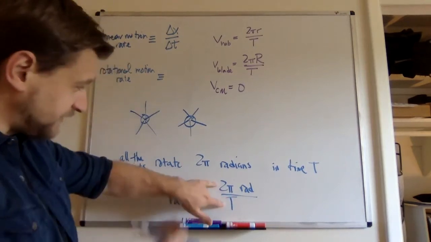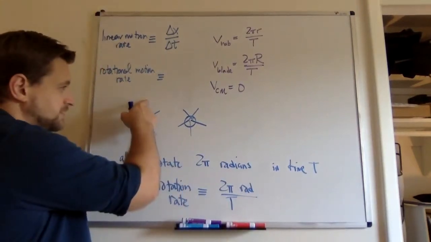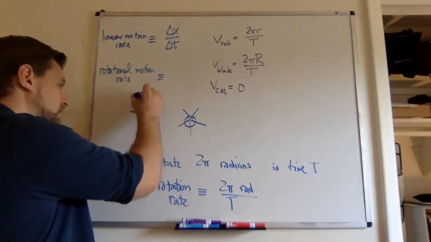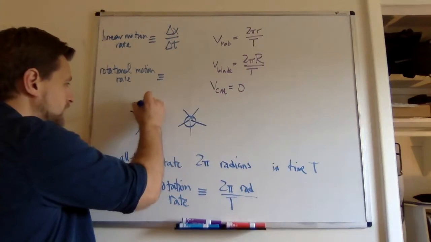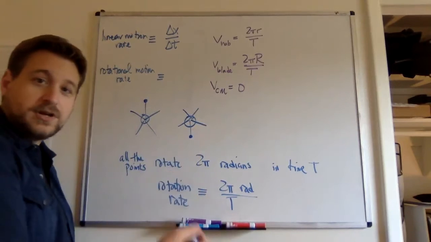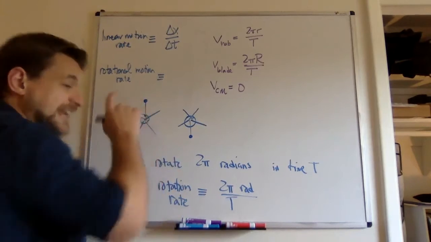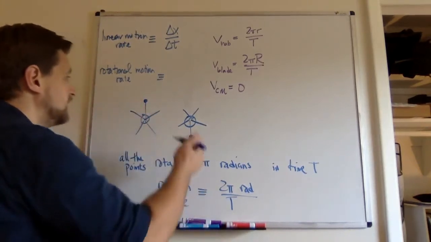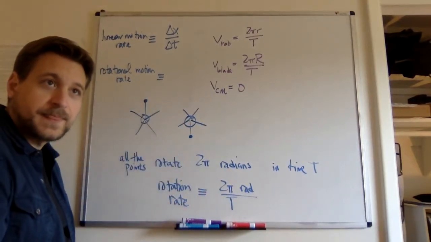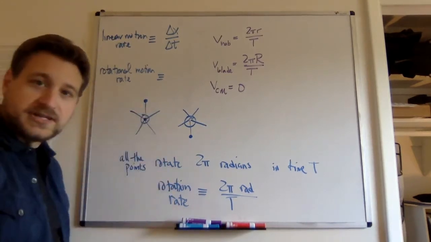So this point here has moved here, and has therefore rotated through 180 degrees or pi radians. It's a rotation about the center of 180 degrees.